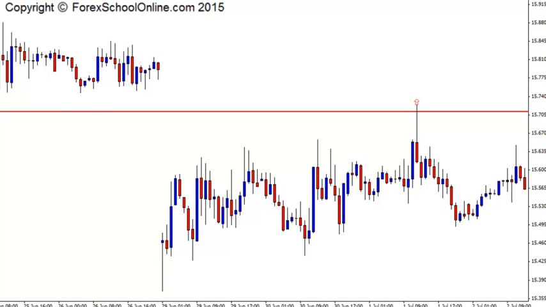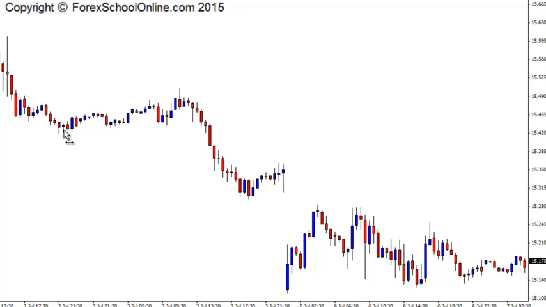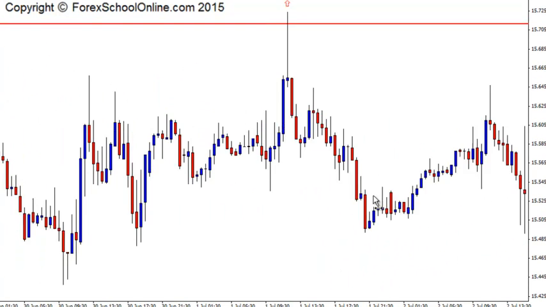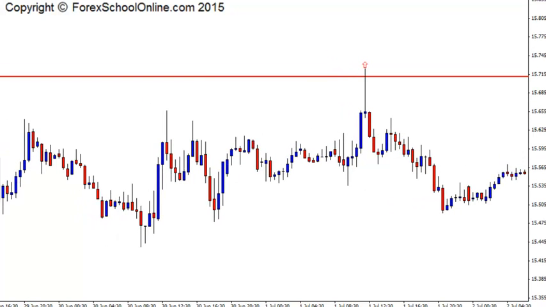If I move to the even smaller time frames, we can see that price fired off this huge bearish pin bar, rejecting this major daily resistance area with a massive pin bar reversal trigger signal that sent price crashing lower.